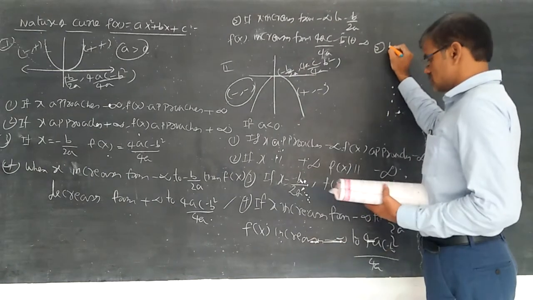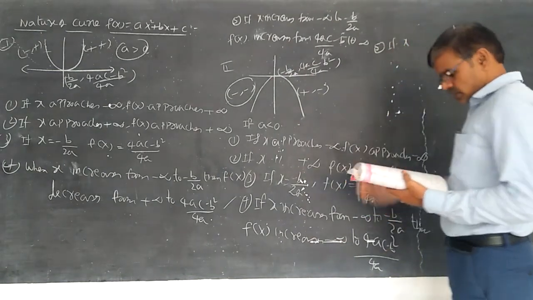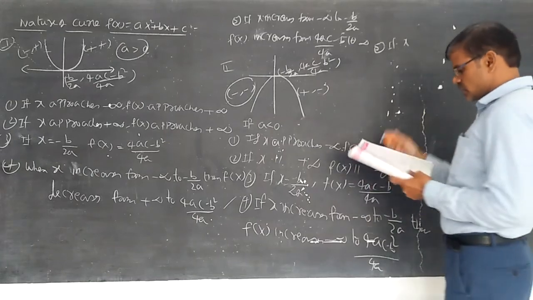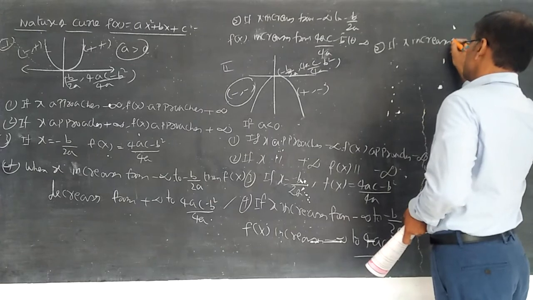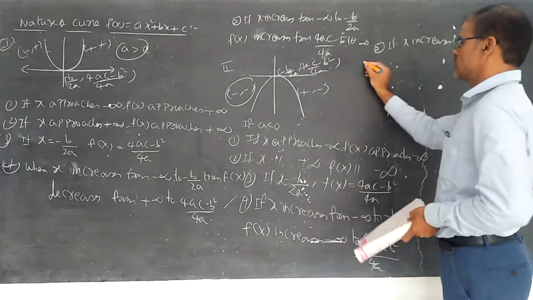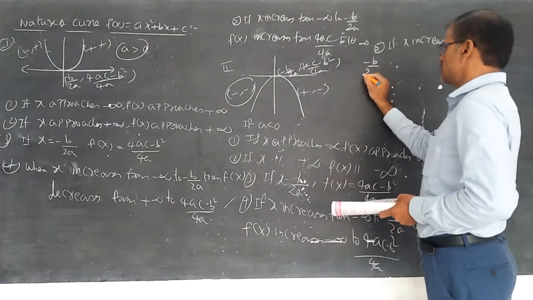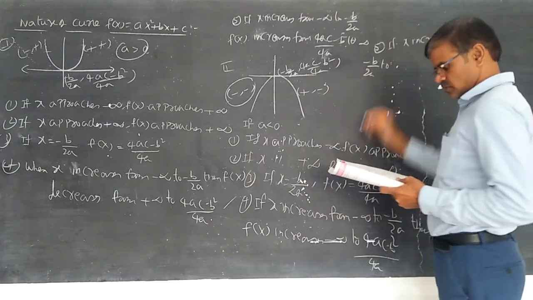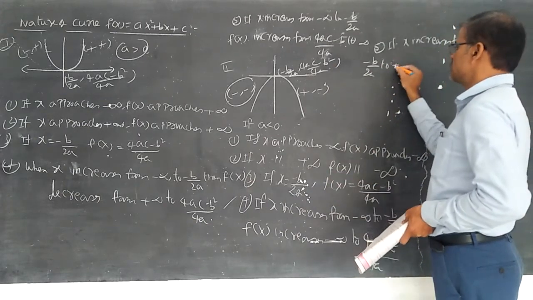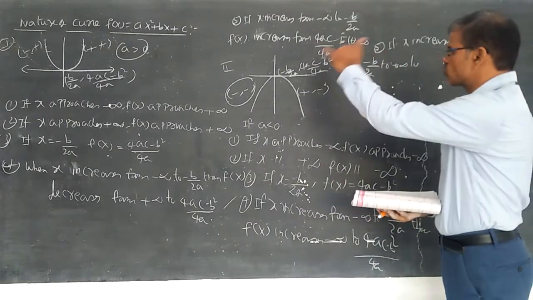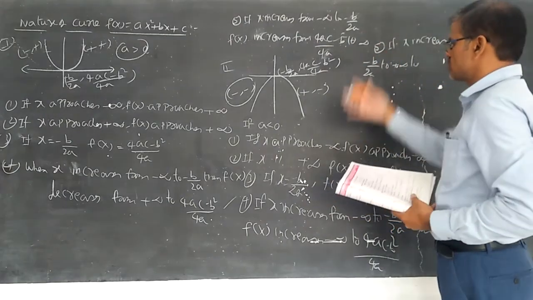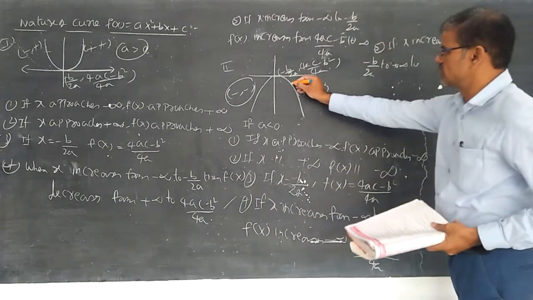Next, if x increases from minus b by 2a to plus infinity, so plus minus concept, then also f of x is decreasing, so going downward, from (4ac minus b square) by 4a to minus infinity in this model.